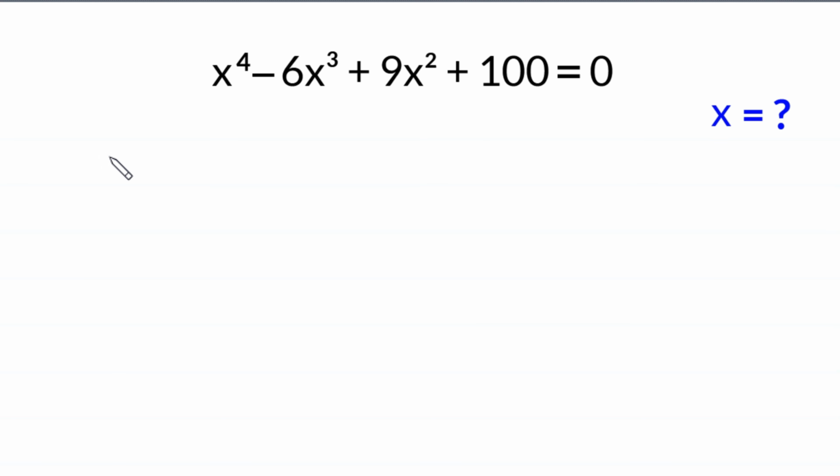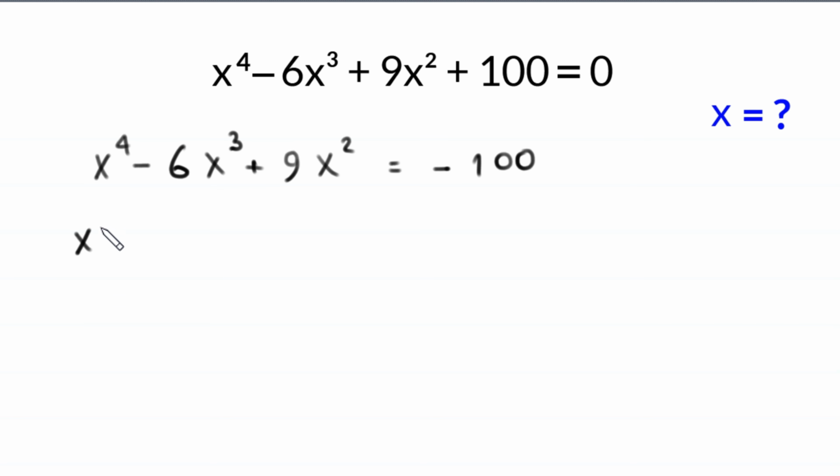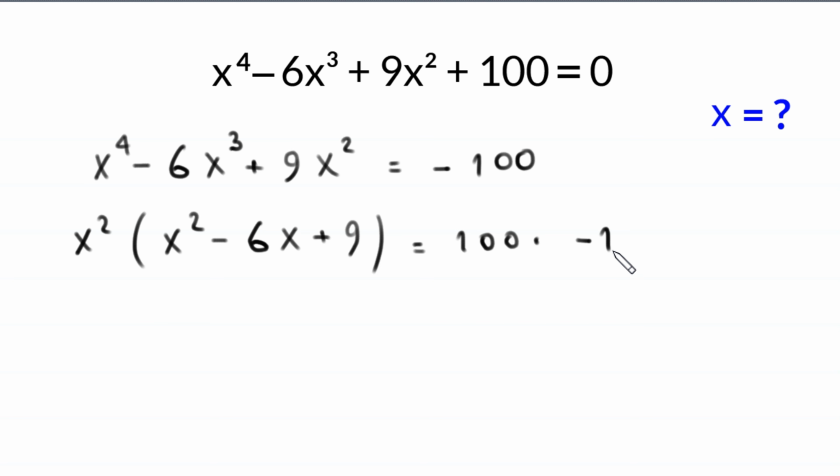Then the equation will become x to the power 4 minus 6x cubed plus 9x squared equal to negative 100. From the left hand side we can factor out x squared. In bracket, x squared minus 6 times x plus 9 equal to negative 100, which can be written as 100 times negative 1.